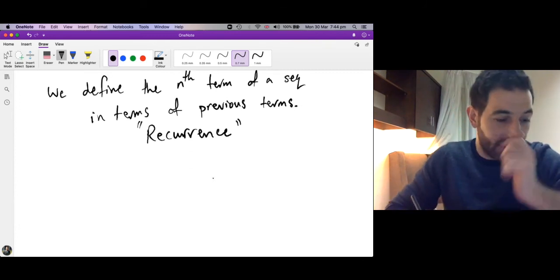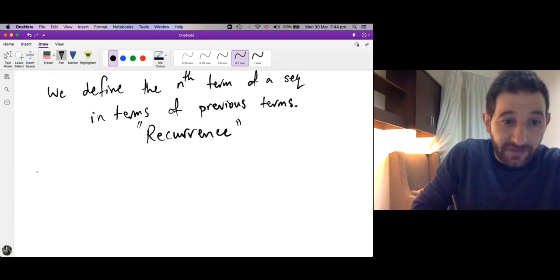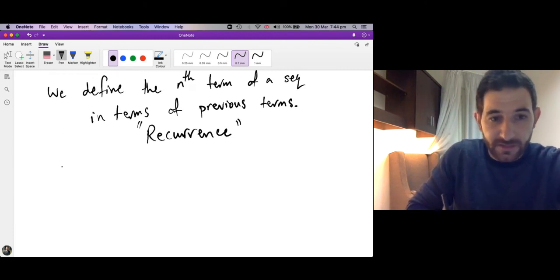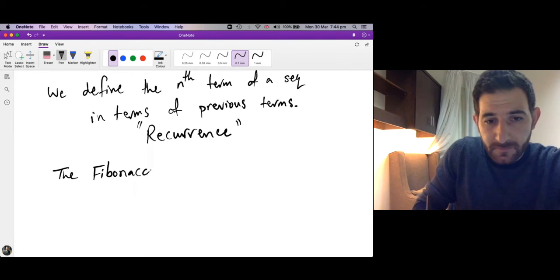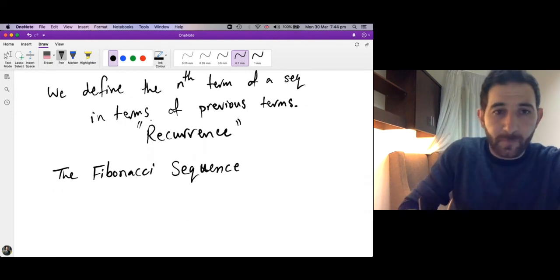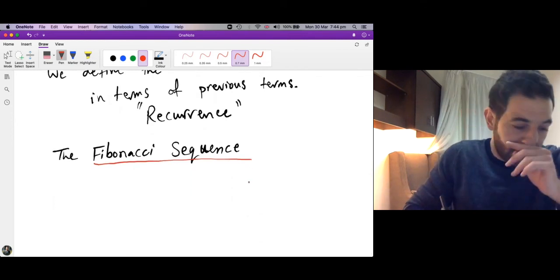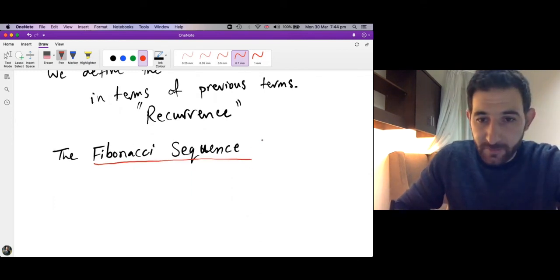Okay, let's have an example. So this example is very famous in sequences. It's called the Fibonacci sequence. Okay, what is the Fibonacci sequence? Look how we will define it. Let's call this sequence Fibonacci B_n.